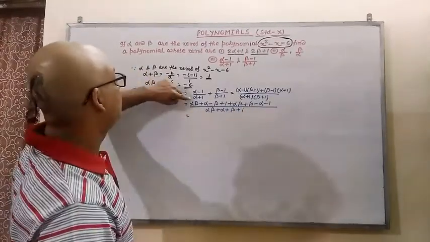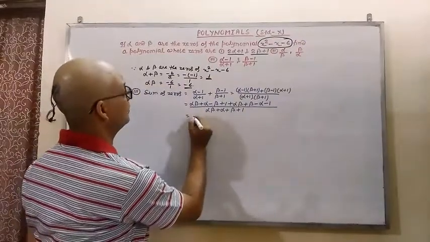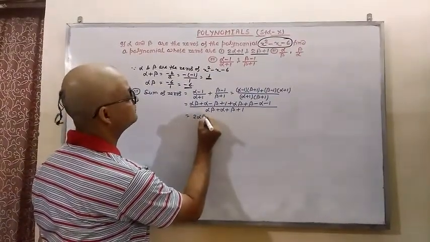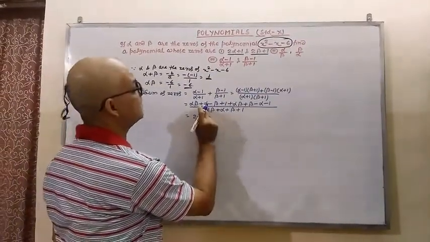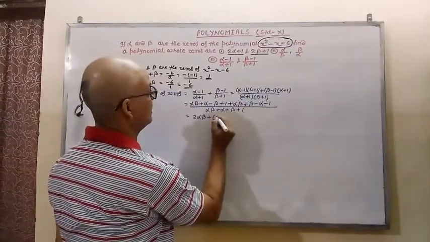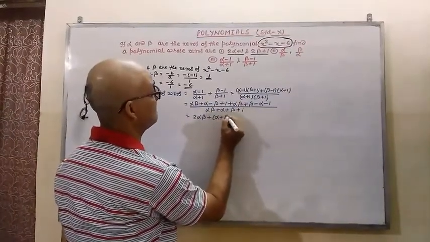Now alpha beta plus alpha beta is 2 alpha beta, plus alpha plus beta.